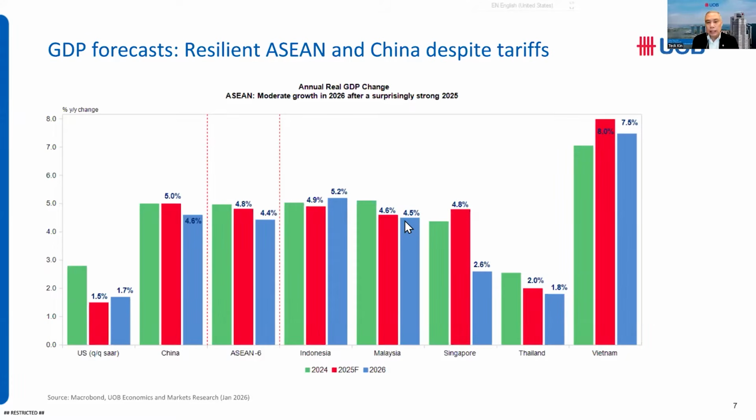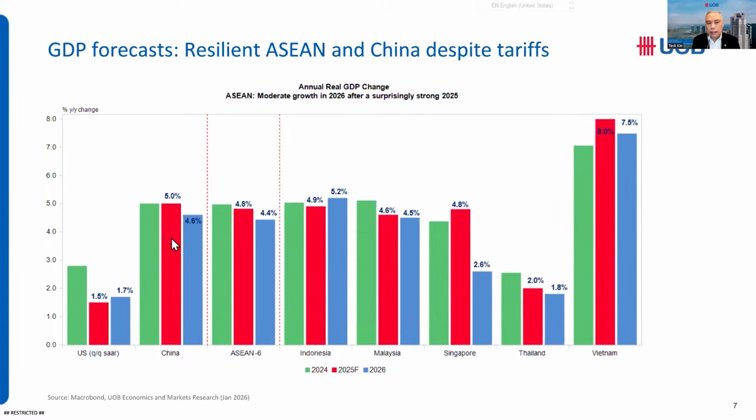And what you are seeing here is that for ASEAN 6, just take a look in the middle for ASEAN, growth will be stepping down a bit, but overall, in this part of the world, I think it is still a bit of a moderation and not a sharp downturn that we are expecting, right? Some moderation, so we shouldn't be worrying too much about it. The business environment, I think overall, should still be okay.